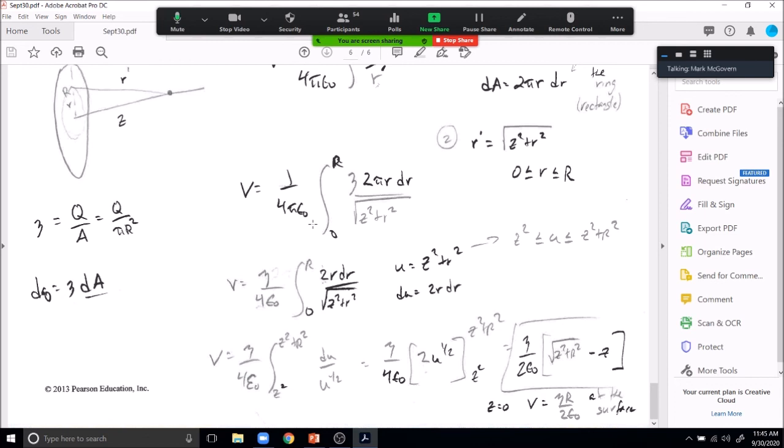We work out electric potentials, then we work out electric field. Okay, there's no Gauss's law that we have for electric potential. There's nothing equivalent to that. So this is our technique. It's just the integration.